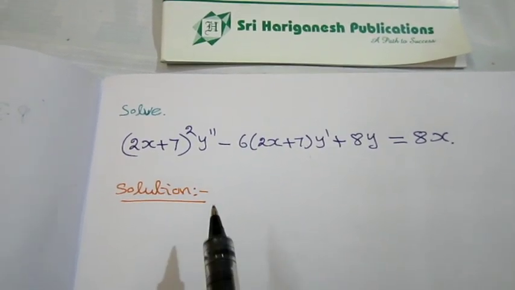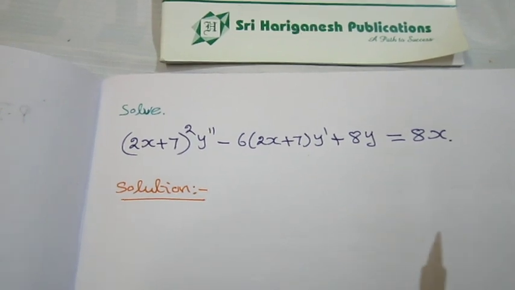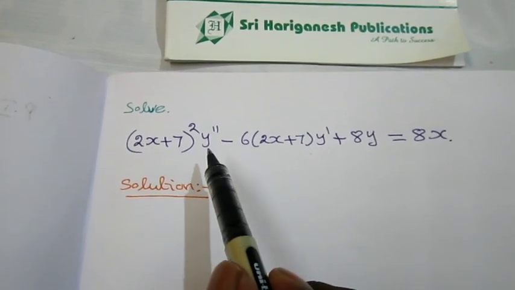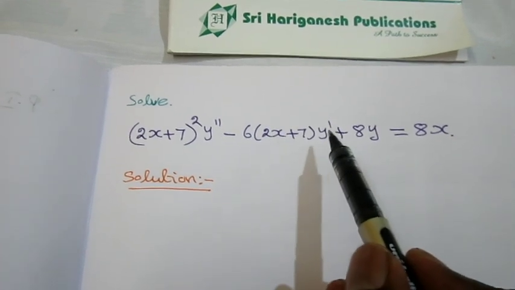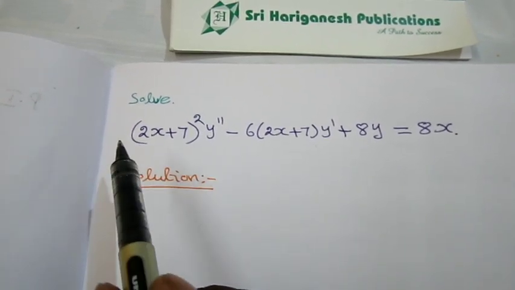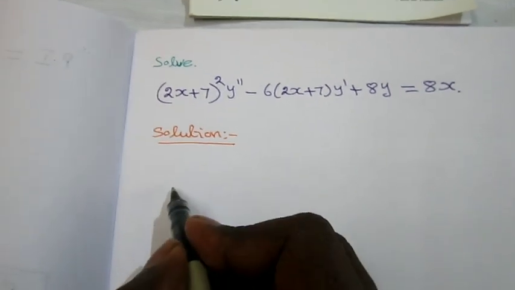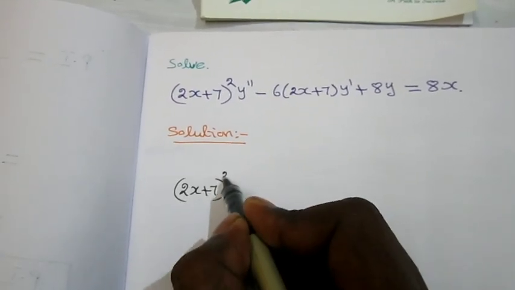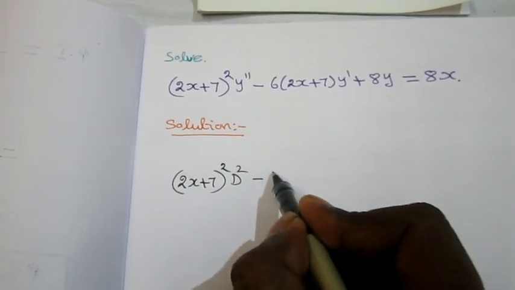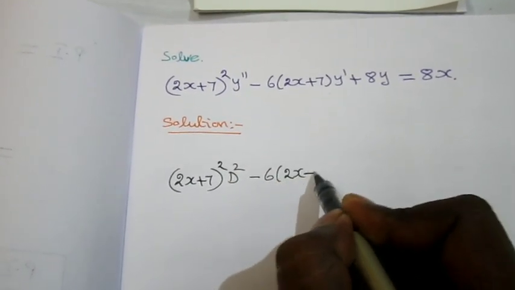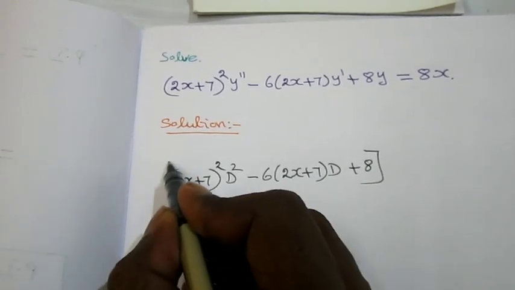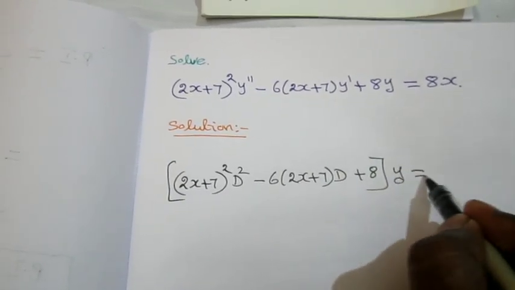So first we have to convert this into standard form. This y double dash is d square by dx square, y dash is dy by dx. So now I am going to convert it into standard form: (2x plus 7) whole square into D square minus 6 into (2x plus 7) into D plus 8 into y, taking y outside, equal to 8x.